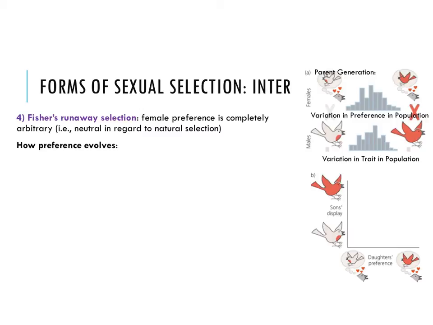All right, so let's talk about how this evolves. How does this preference for beauty alone evolve? So let's start with this. Let's assume the population varies in expression of the male trait. And in our example, it's going to be the amount of red.